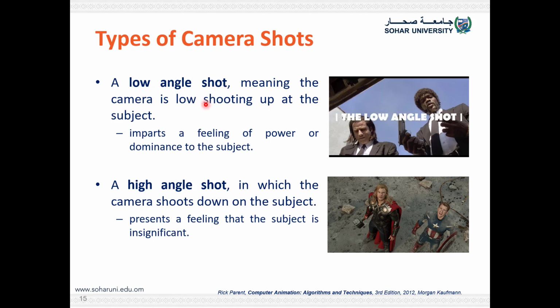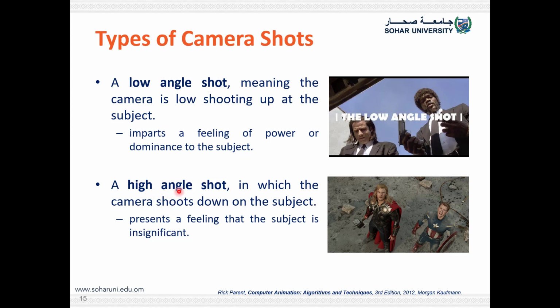Low angle shot means the camera is low, as we can find here in this example, and this kind of shot will be used if the subject is important, significant, it has power. So I should show all the details of the object. In this case, I put the camera low to shoot up at the subject.